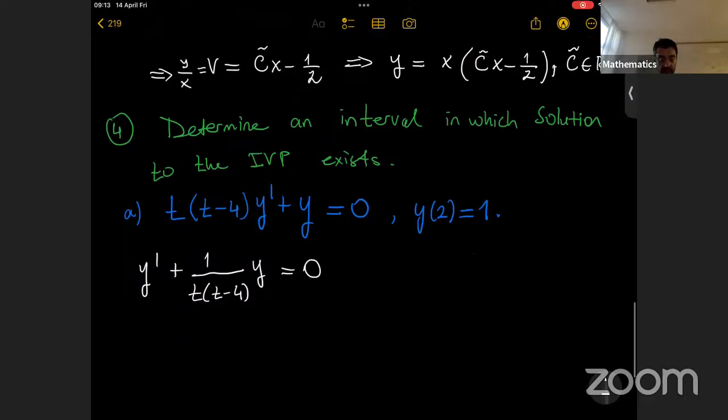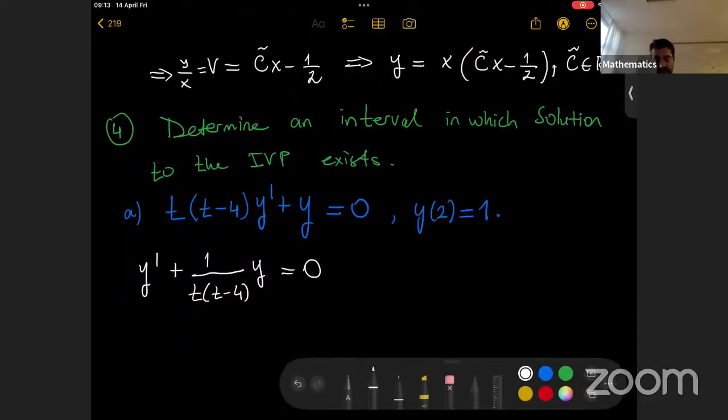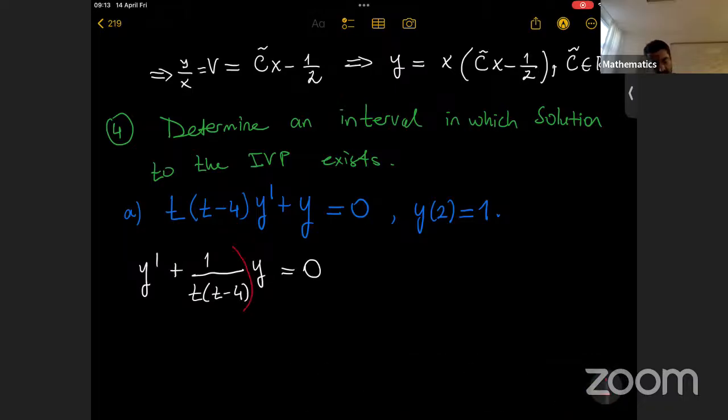Well, you can solve this equation uniquely when this coefficient here is continuous and this is continuous. Well, 0 is a continuous function. It's a constant function, okay?